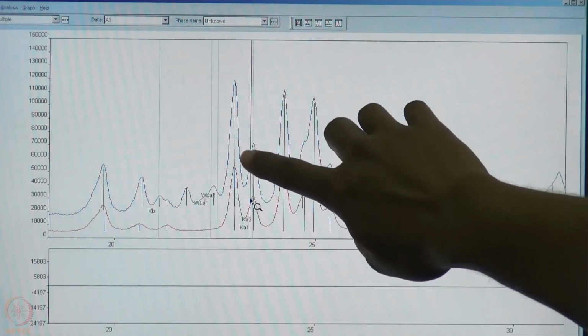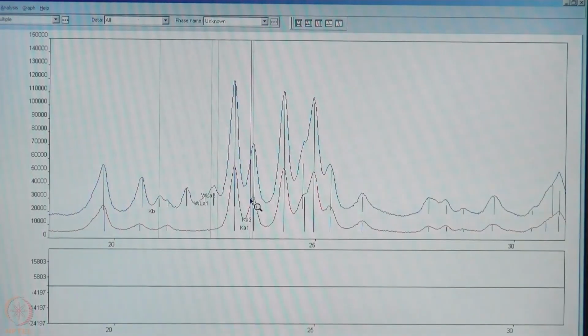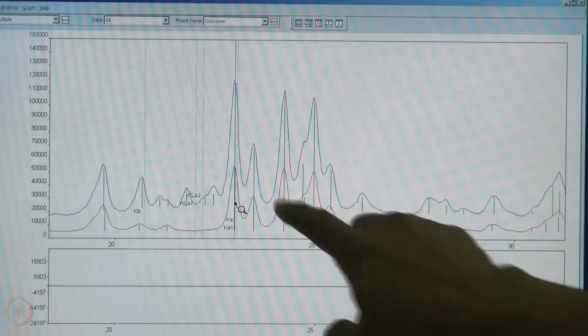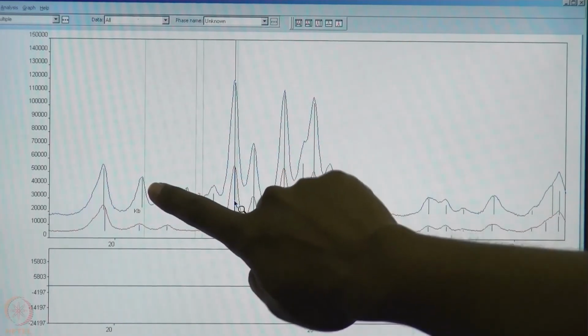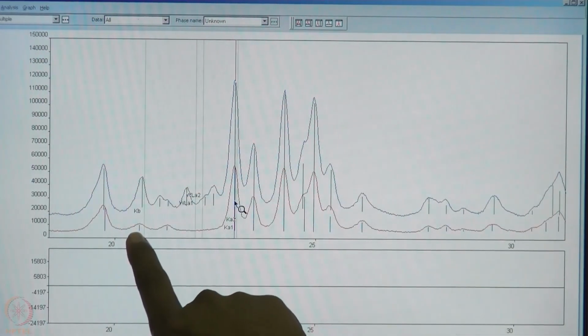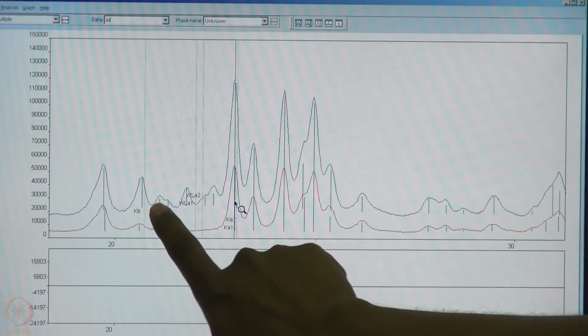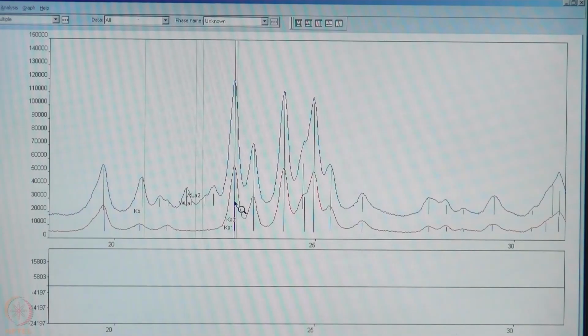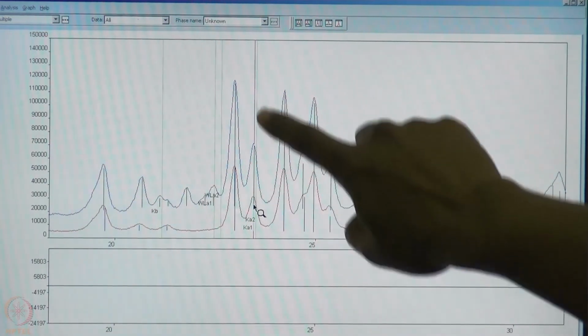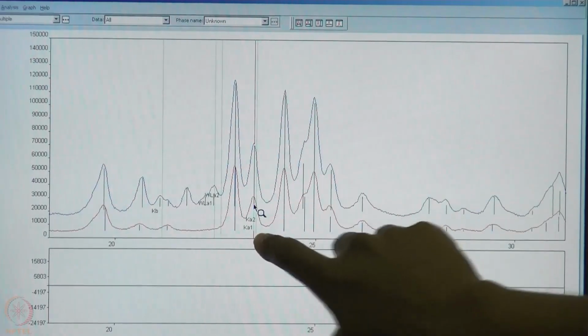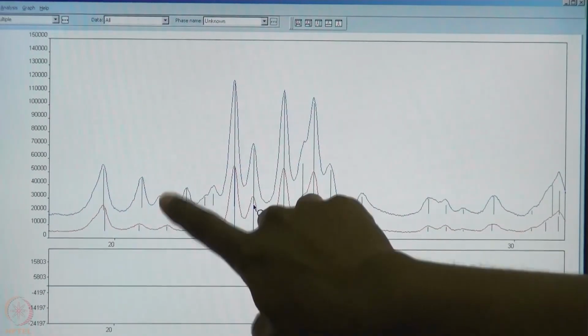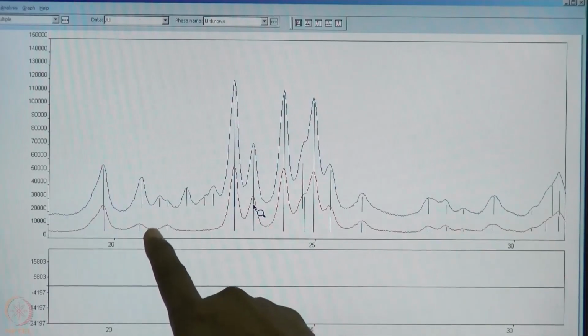So if I look at this particular peak here and focus it as K alpha 1, the corresponding K beta appears here, but you see in the red there is also a peak. So this original peak is now merged with K beta and becomes broad. The next peak that we have in the main pattern is now focused here. So this peak is the K alpha 1, but the corresponding K beta peak is here, which was not there in the original pattern.